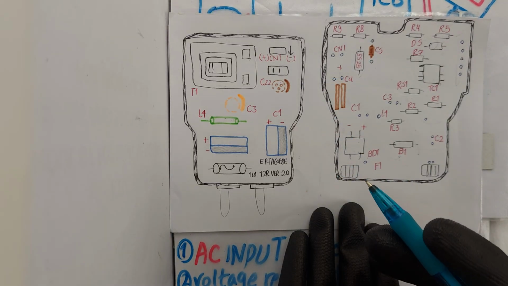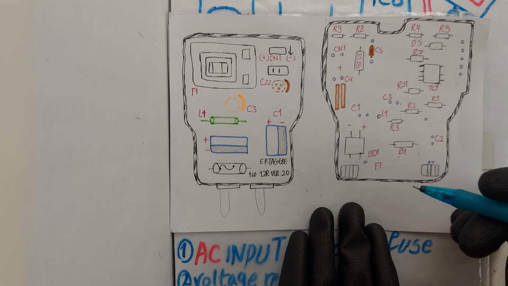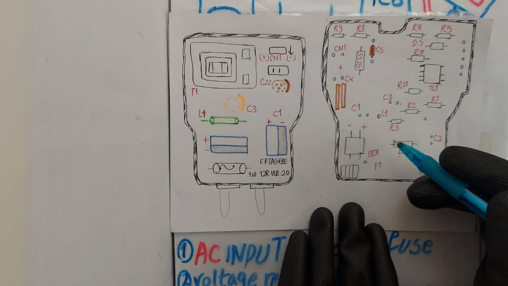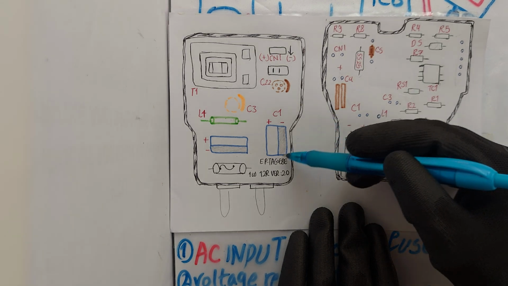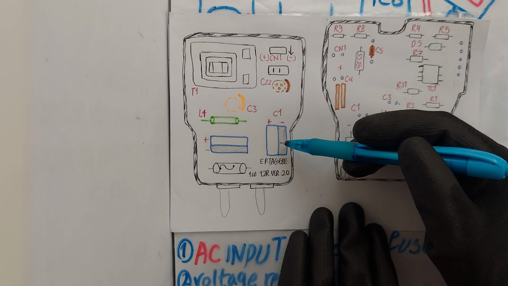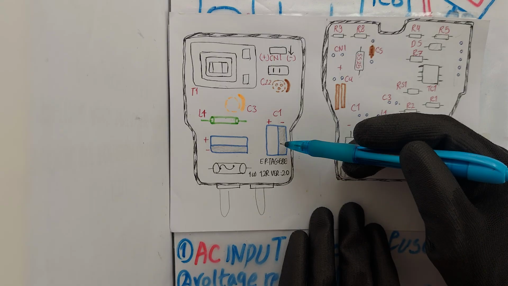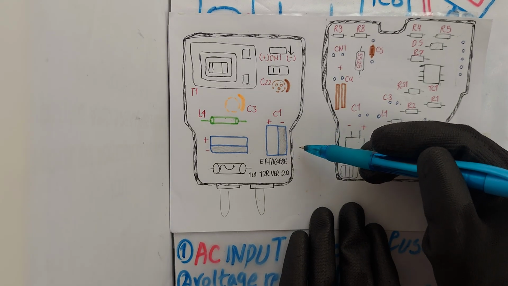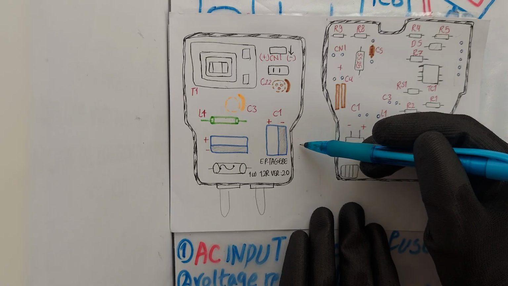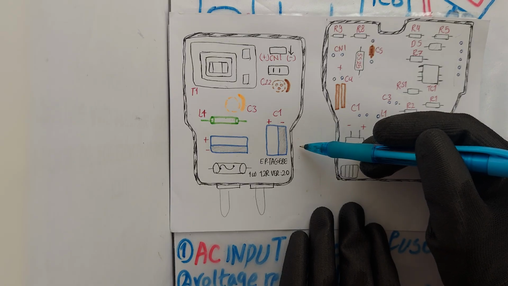The result is an unfiltered DC voltage which, after passing through the large input capacitor C1 right here, reaches approximately 310 volt DC. Capacitor C1 smooths this DC voltage, reducing excess ripples and providing stable internal voltage.